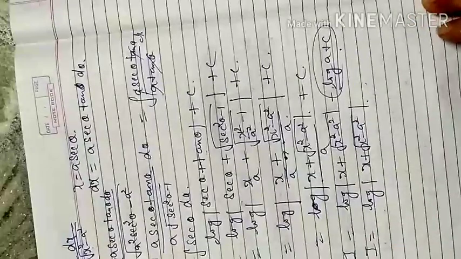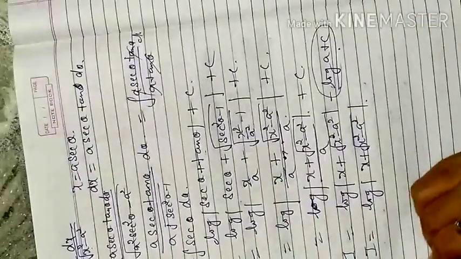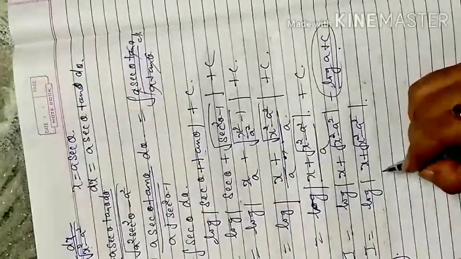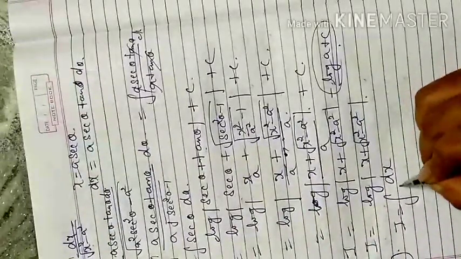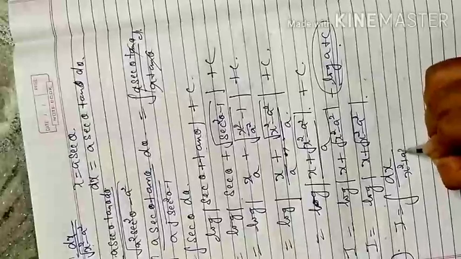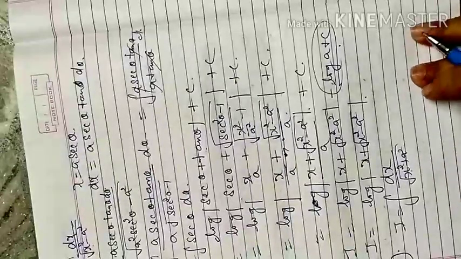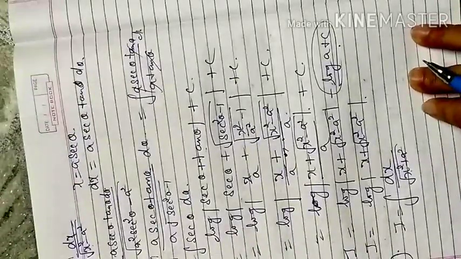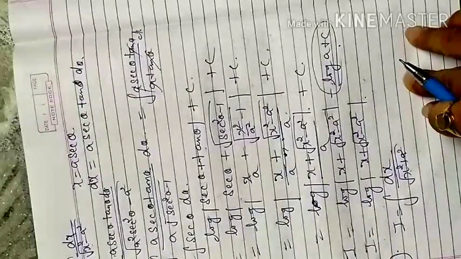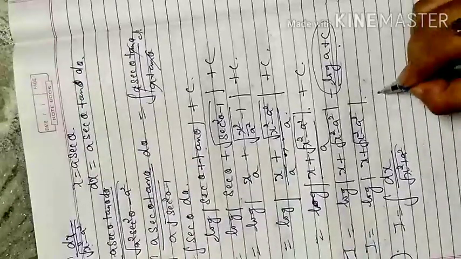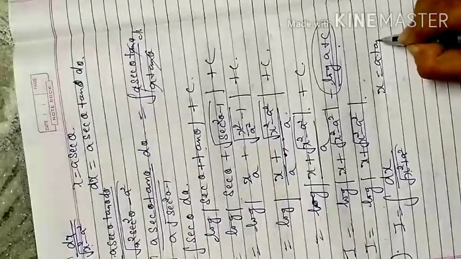Now my third formula is, if in place of negative there is a positive sign, how will I solve it? That is dx upon square root of x square plus a square. In that case, we know that 1 plus tan square theta is secant square theta. So we consider x is equal to a tan theta.